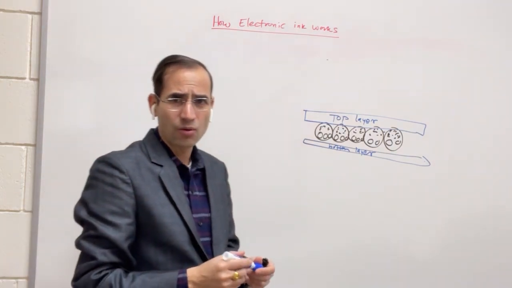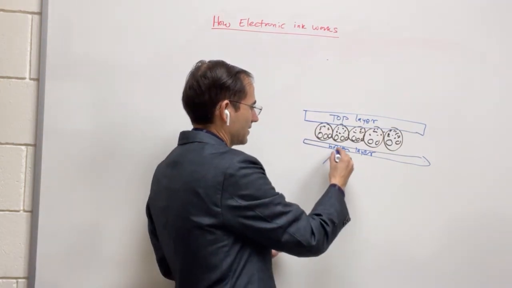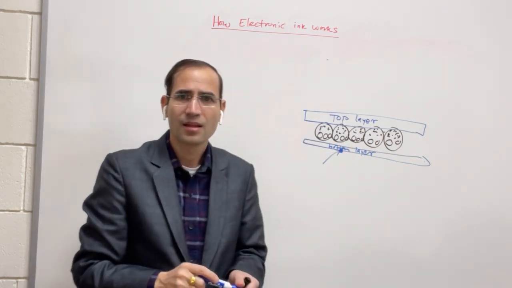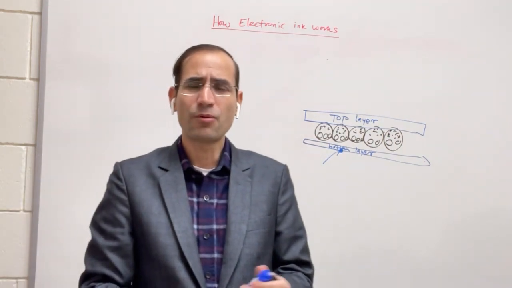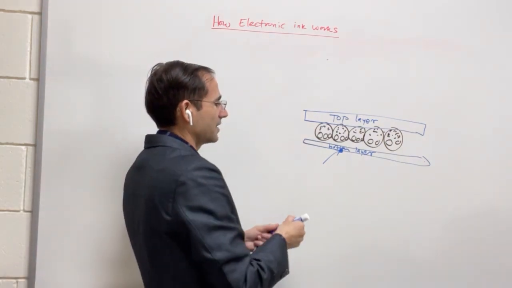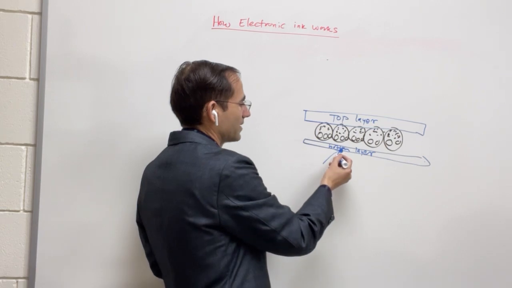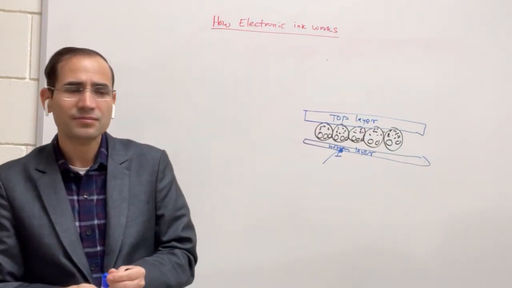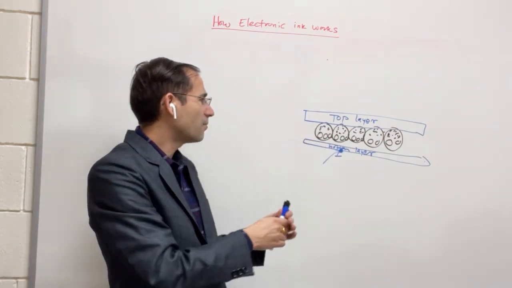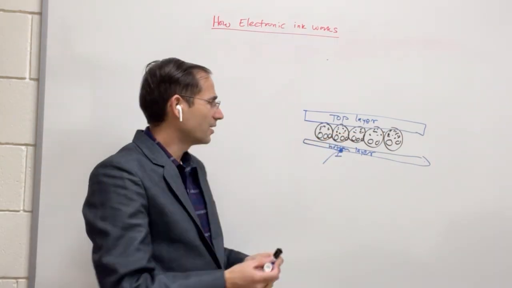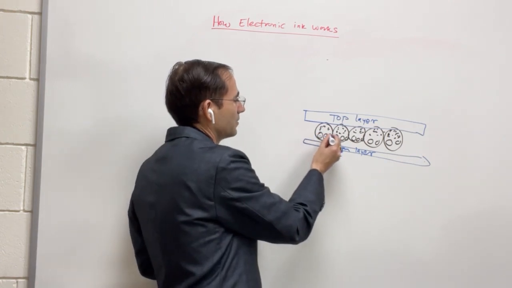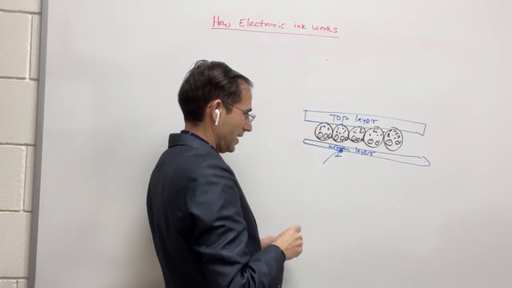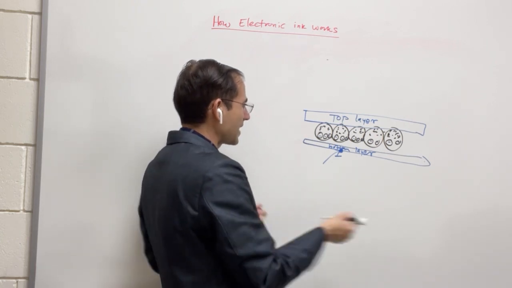In the bottom layer, you apply charges, meaning you charge the bottom layer at some point here. Suppose you charge the bottom layer with positive or negative charge. Let's say negative charges are sent to the bottom layer. You can see that these beads are negatively charged, and the negative charge is coming from the bottom.